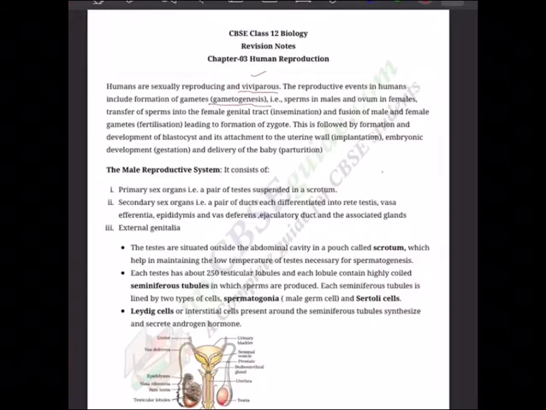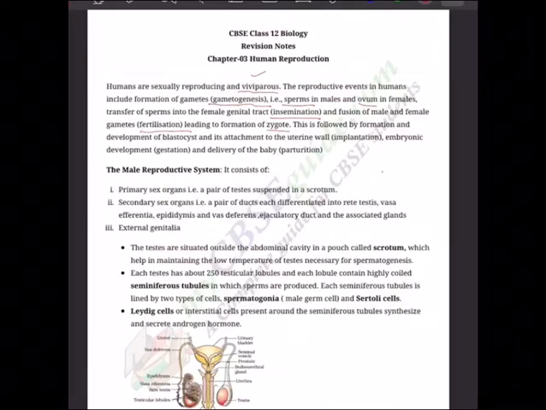The reproductive events in humans include formation of gametes. We say gametogenesis. What is a gamete? It is the reproductive cell or sex cell that is formed. So in case of a male, all of us know it is the sperm, and in case of a female, it is the ovum. So transfer of sperms into the female genital tract, that's called insemination, and fusion of male and female gametes, sperm and ovum, is fertilization, leading to formation of zygote. We said syngamy.